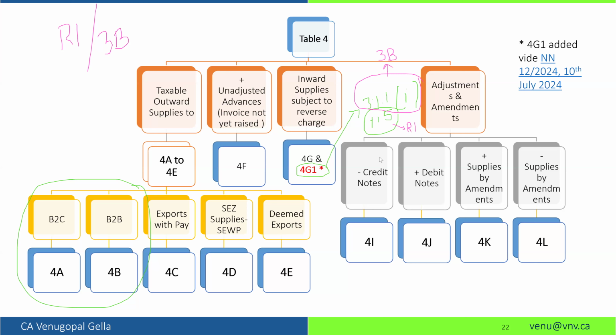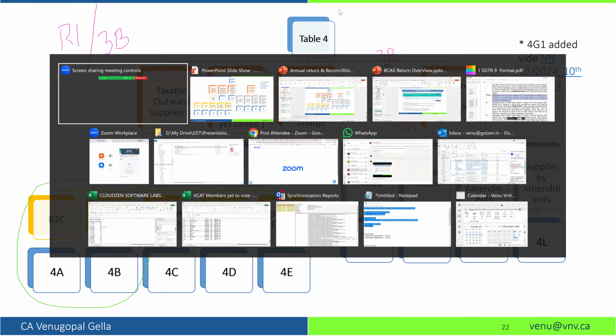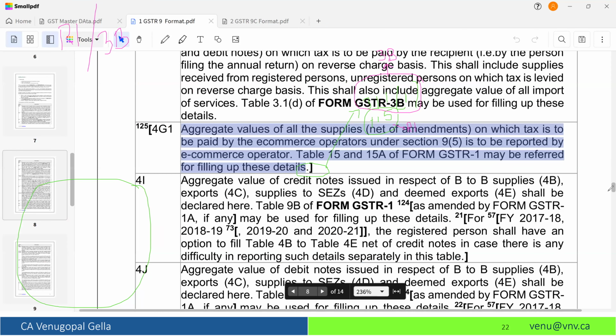So the substituted 9 is very, very crucial. Originally it had different wordings: details of outward supplies declared during the financial year. Now after they substituted, they say outward supplies made during the year. So it should come from the books as per Unniji. That is the correct view.